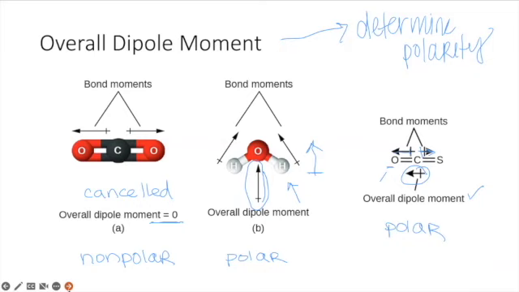Because those atoms want to get as far away as possible from each other. So that's how they're going to look in space. So the direction in which we draw those dipoles depends on their shape.